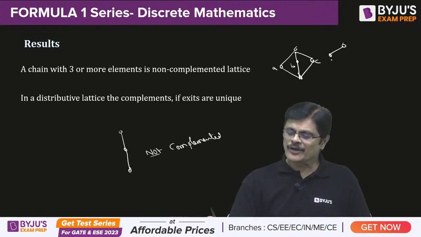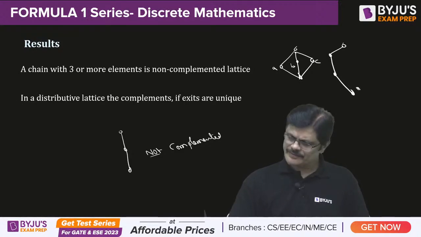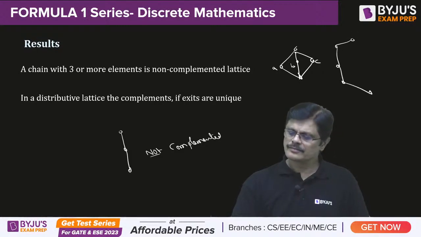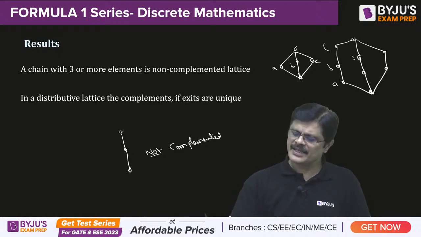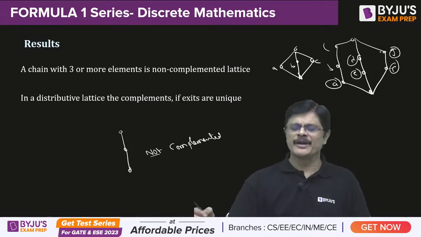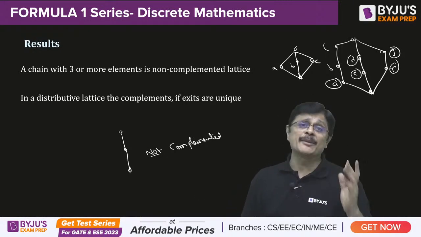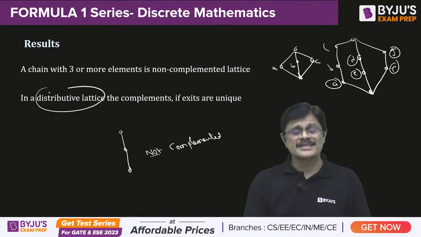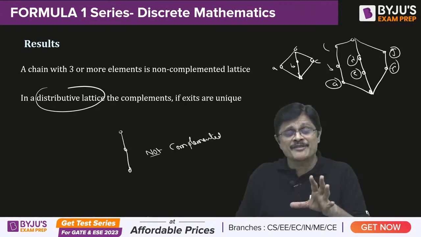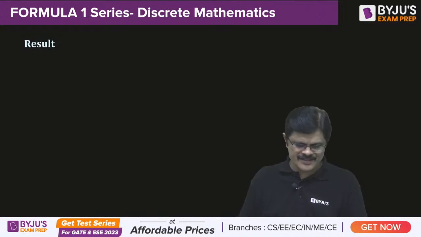Whenever you see this example, you can easily say this. With elements A, B, C, D, E, F, G, for A, the elements in the other lines like E, D, G, F become complements. So for one element there can be multiple complements. But if it is a distributive lattice, for one element only one complement will be there. It may not guarantee complements, but complements, if they exist, must be unique.